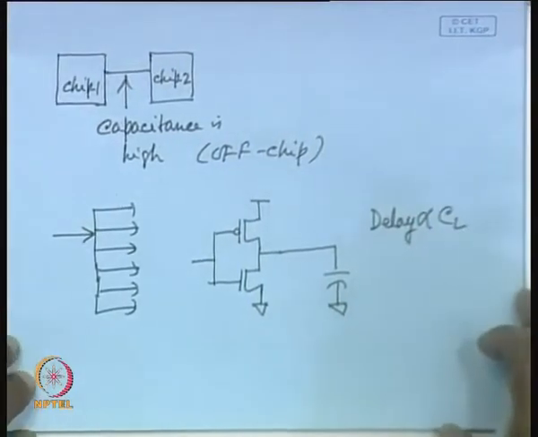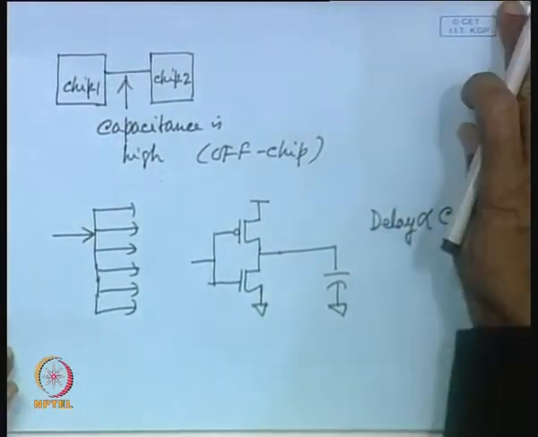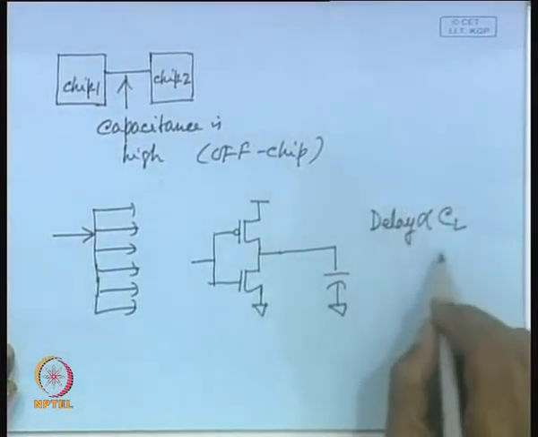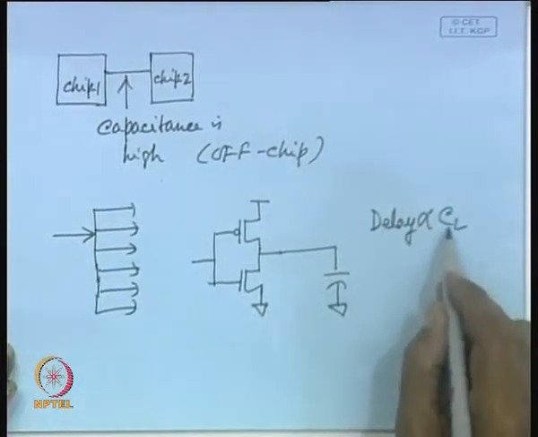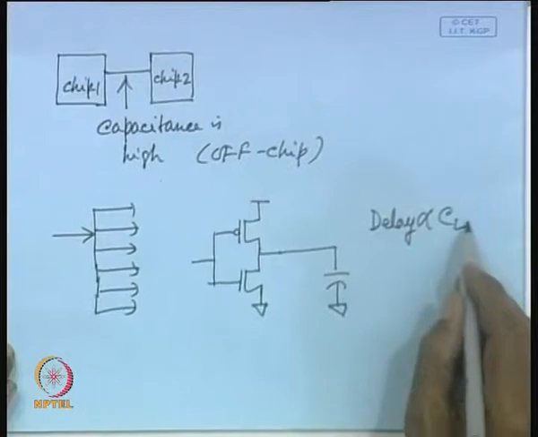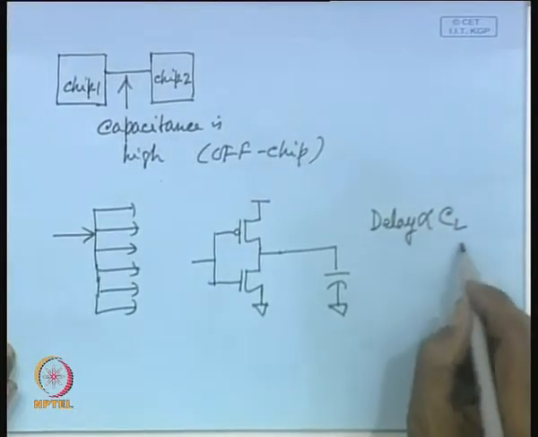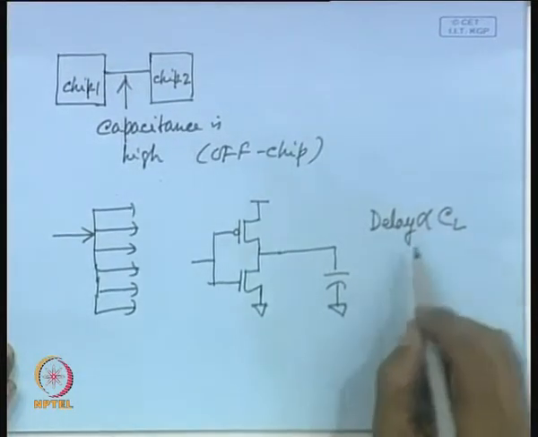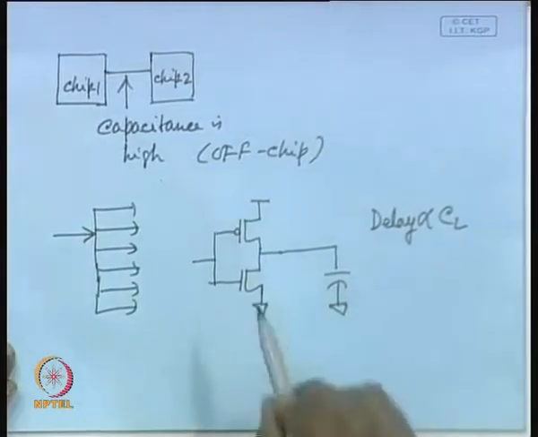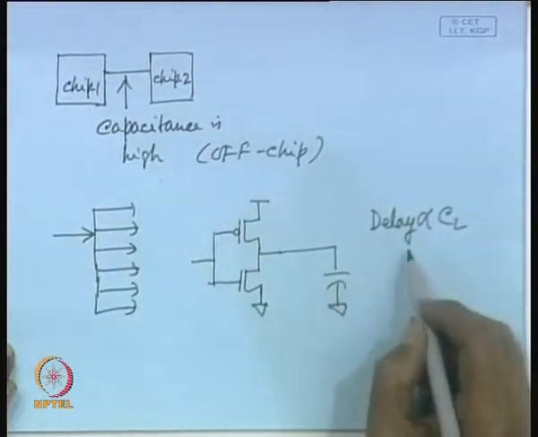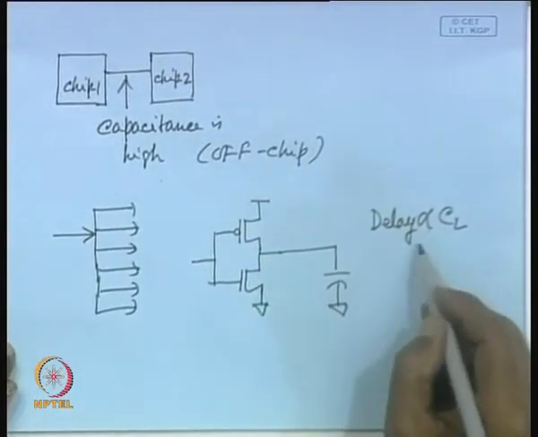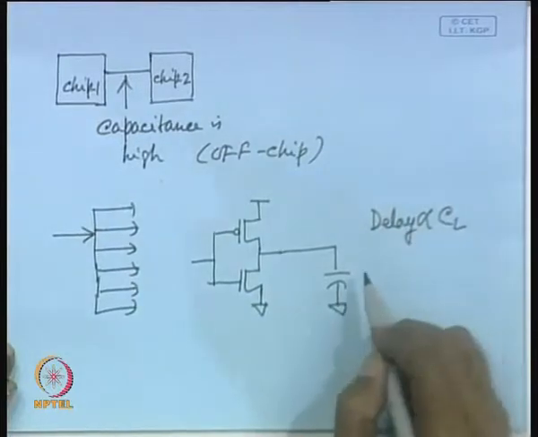In the last lecture, I derived an expression where it has been mentioned that delay is proportional to CL. So, whenever this is 3 orders of magnitude compared to the parasitic capacitances within the chip, then the delay can be very high.